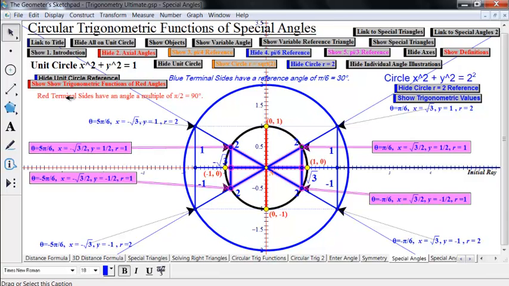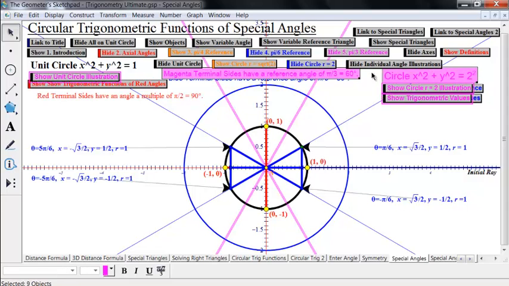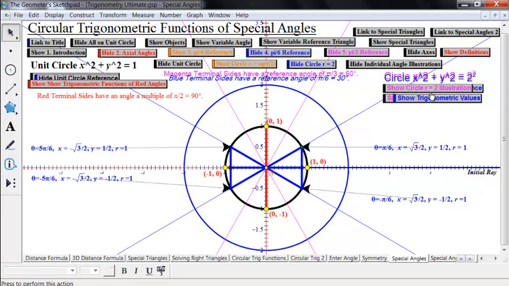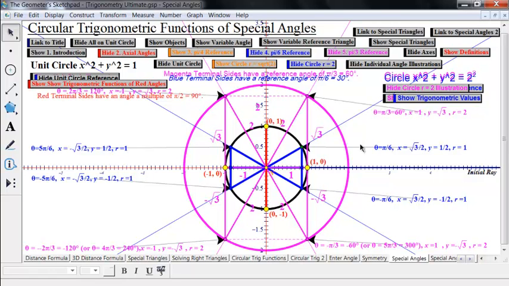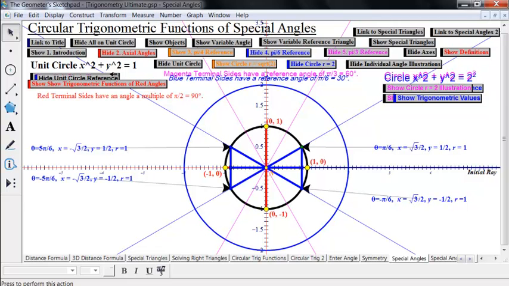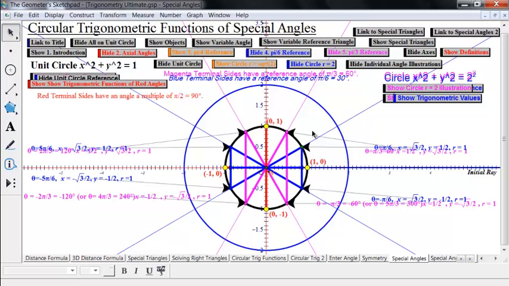But we could also, of course, look at points on the unit circle for the same ones and use those points to find the trig functions. And similarly, for the same circle, we could look at putting our special triangle a different direction and use those points on the unit circle.